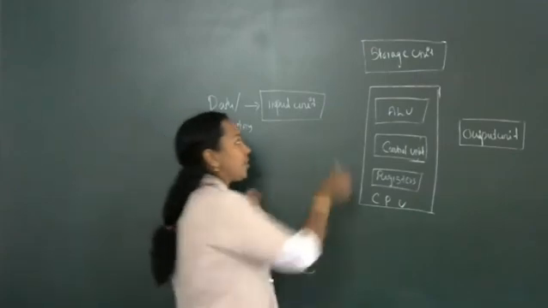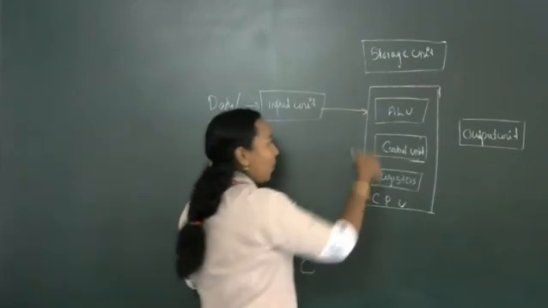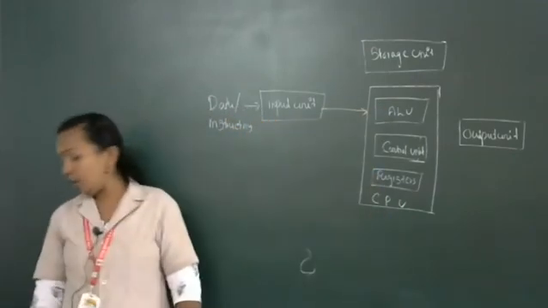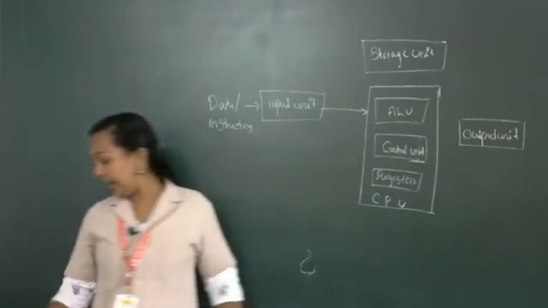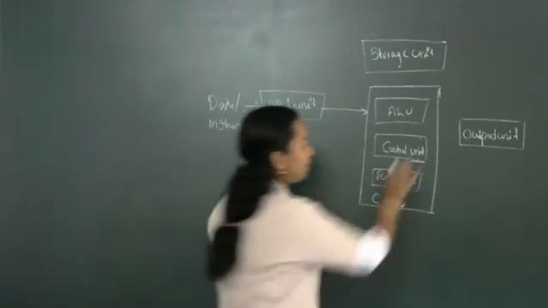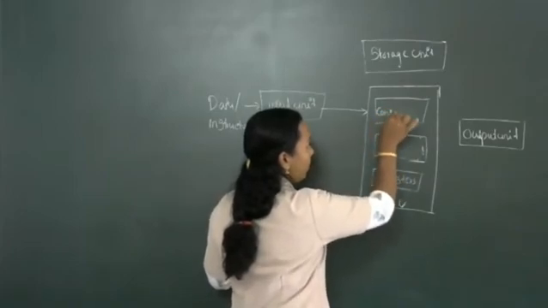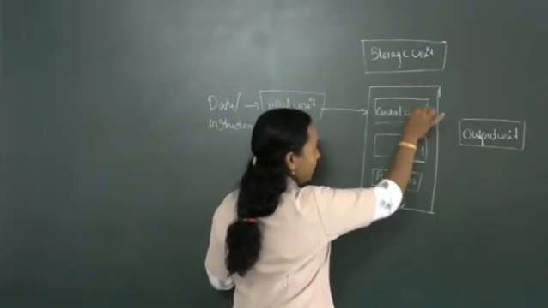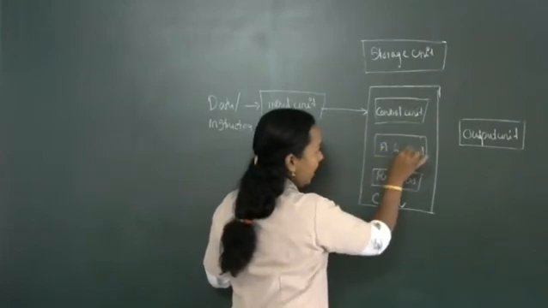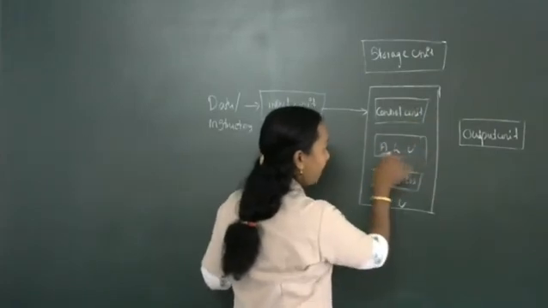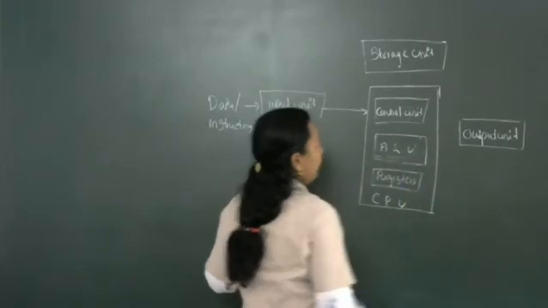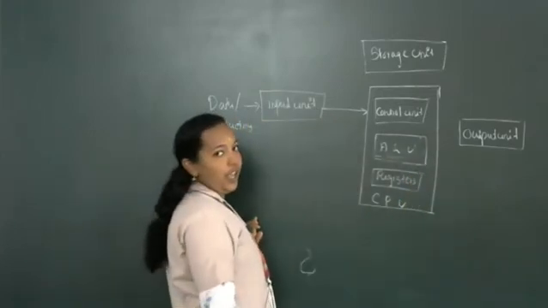Input unit is transferring data to the processing unit, the central processing unit. Then there is one unit present. So here I am placing the control unit and here it is the ALU. Then next, control unit and storage unit.